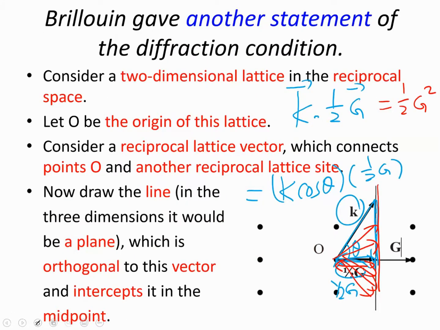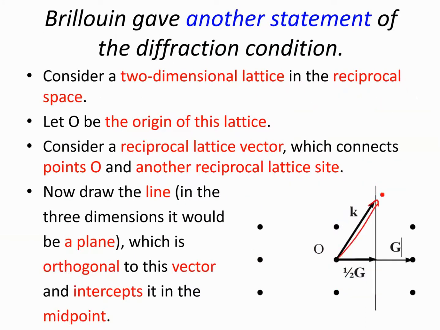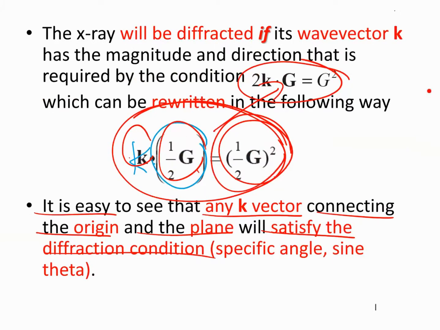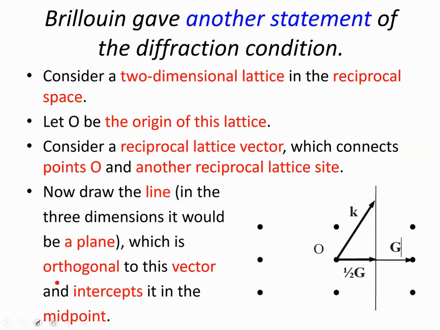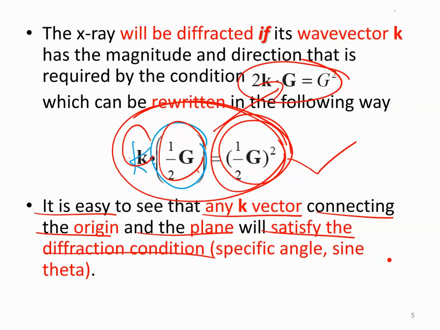That means, here to here, you get k cos theta equal to half G. Even if k is like this, with theta 2, then k cos theta 2 also gives half G. And k for this vector dot product with half G will still give half G squared. You still fulfill this condition. So any vector originating from this point that touches this plane will fulfill the diffraction condition.